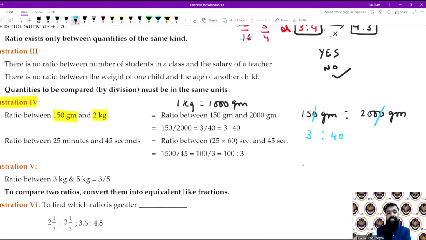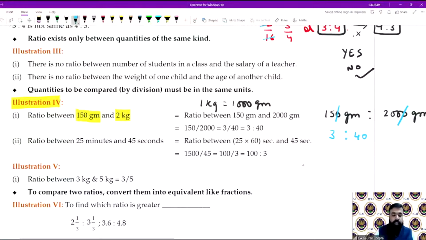Now, let us try the second one. Ratio between 25 minutes and 45 seconds. Again, units are different, so first of all change the unit, make them equal, and then compare. We have to convert 25 minutes into seconds.